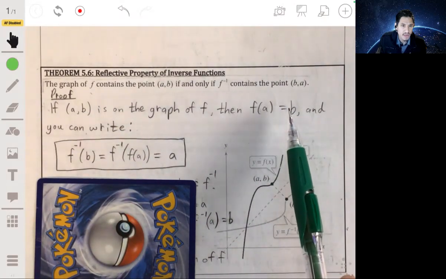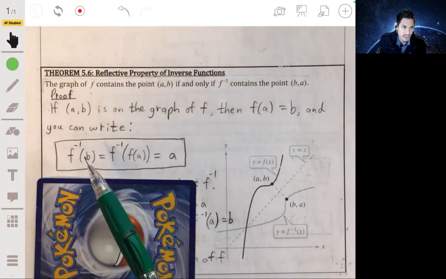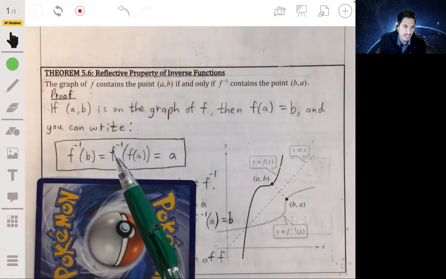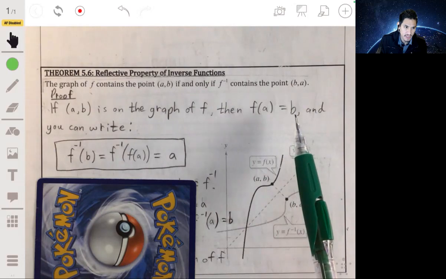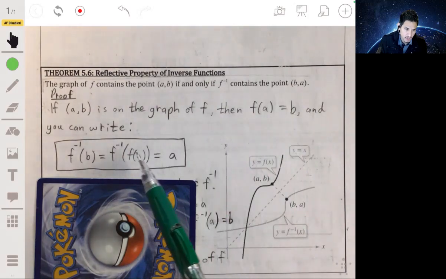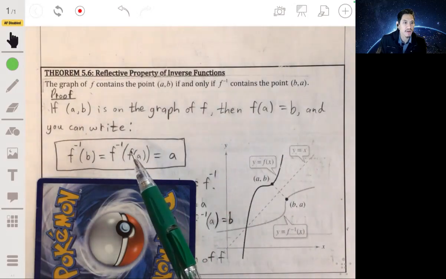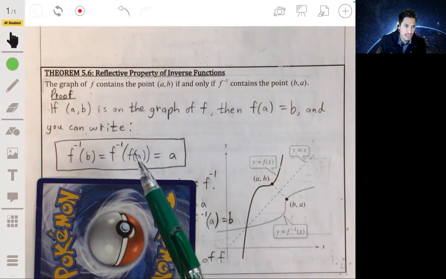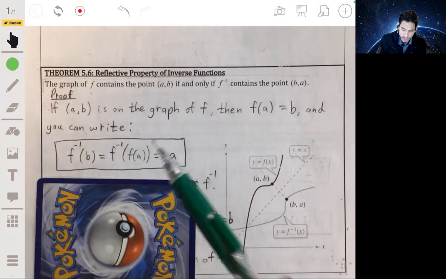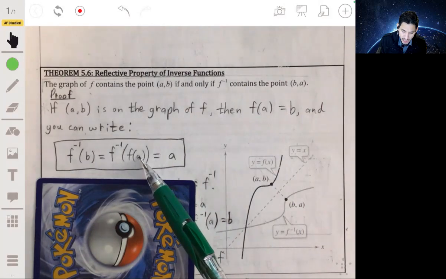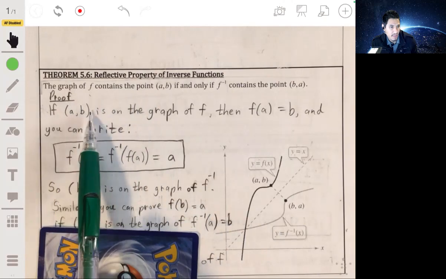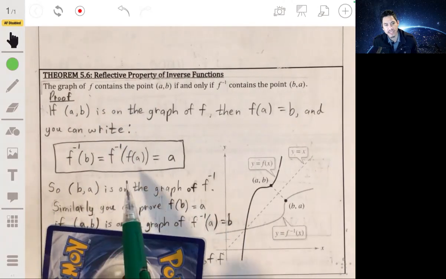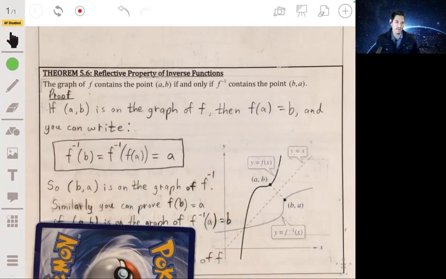Then if we take the inverse function of B, that's the same as taking the inverse function of f of A, since f of A is B. We're undoing f with f inverse, so we're left with just A. That means that if (A, B) is on the graph of f, then (B, A) is on the graph of its inverse function.